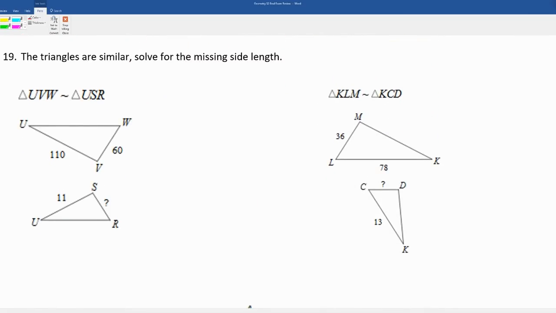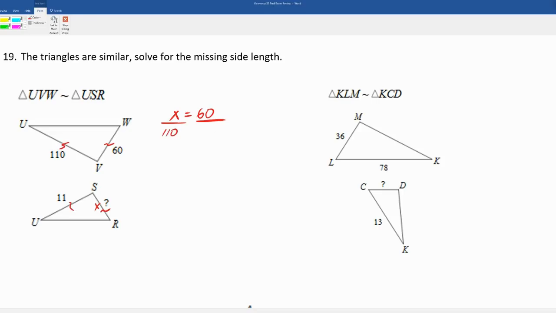All right, so here we go. This is still proportionality. Basically, we're trying to solve for SR. I'll call that x. But we do know it should be similar to VW, which is 60, but that is in proportionality to, well, the bigger triangle has VS given to you as 110.